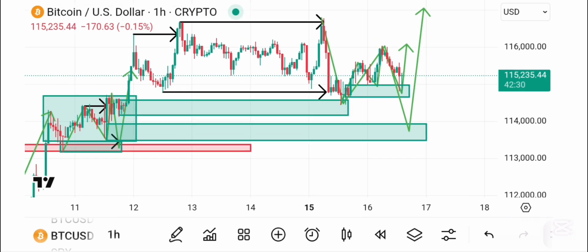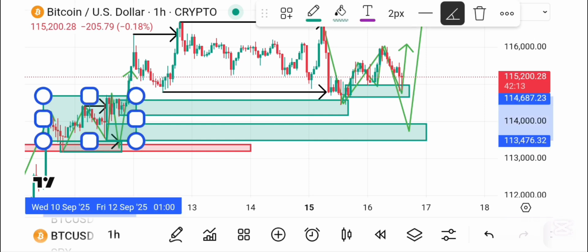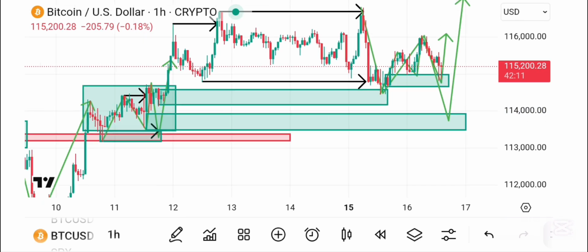Okay, so with that being said, we already have the basic moves. You already know the two basic moves: the consolidation move and the impulsive move, right? Right here you see a consolidation. I told you the first scenario.